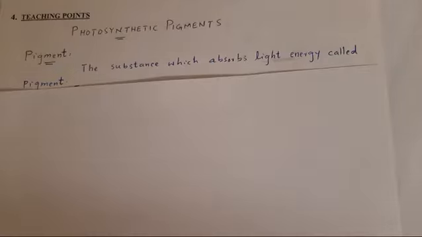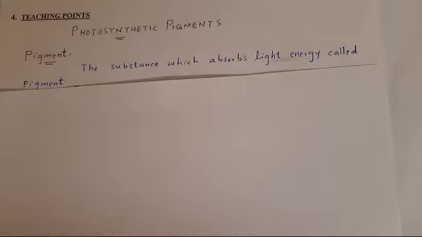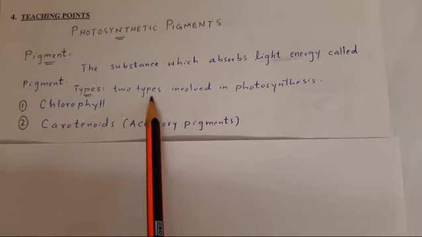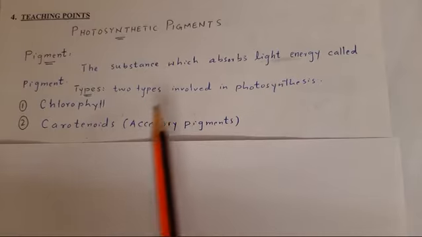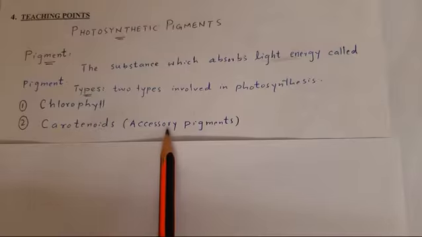So photosynthetic pigments are those pigments which absorb light energy during photosynthesis. There are two types of photosynthetic pigments absorbing light energy during the process of photosynthesis: chlorophyll and carotenoids, also known as accessory pigments.